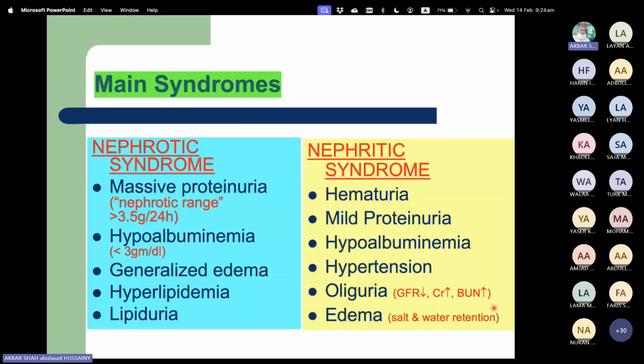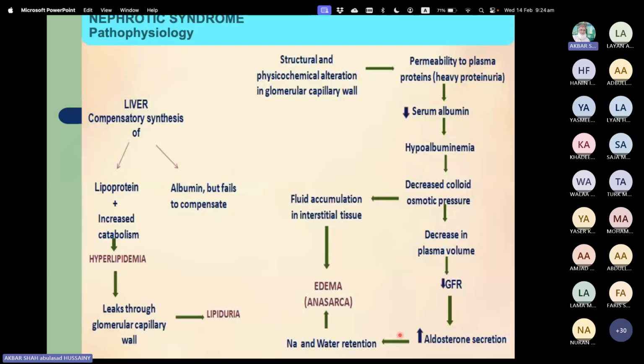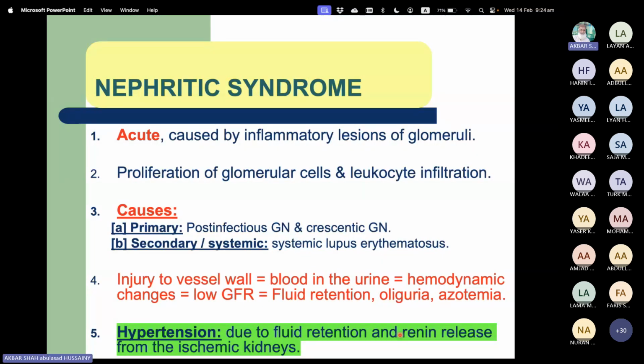You see the difference between azotemia and uremia. Azotemia is when only the urea and creatinine are increased. And uremia means when they are increased plus clinical features. That is the difference between the two.